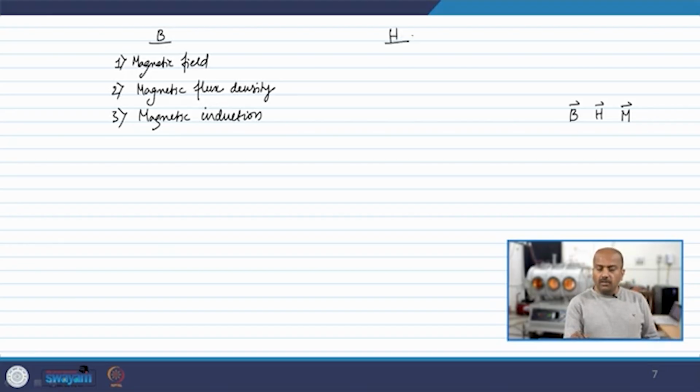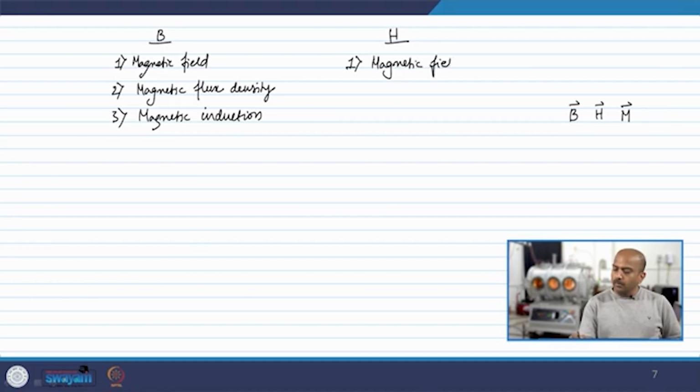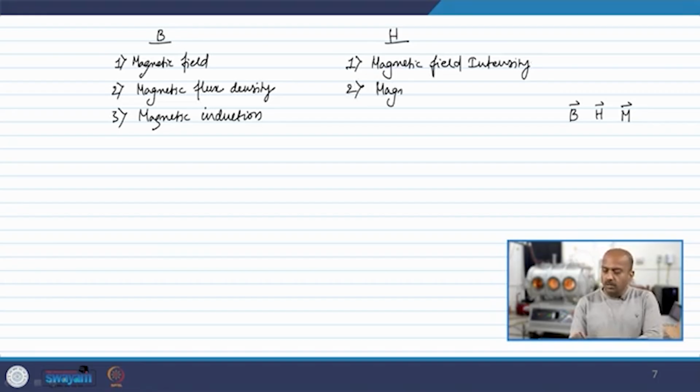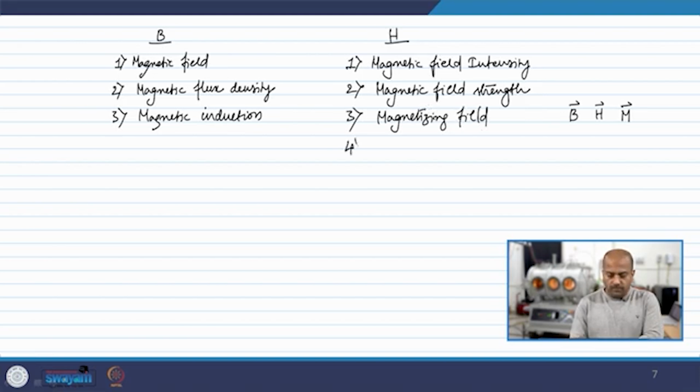And capital H, on the other hand, is referred to as magnetic field intensity, or magnetic field strength, or magnetizing field, or simply magnetic field, right.